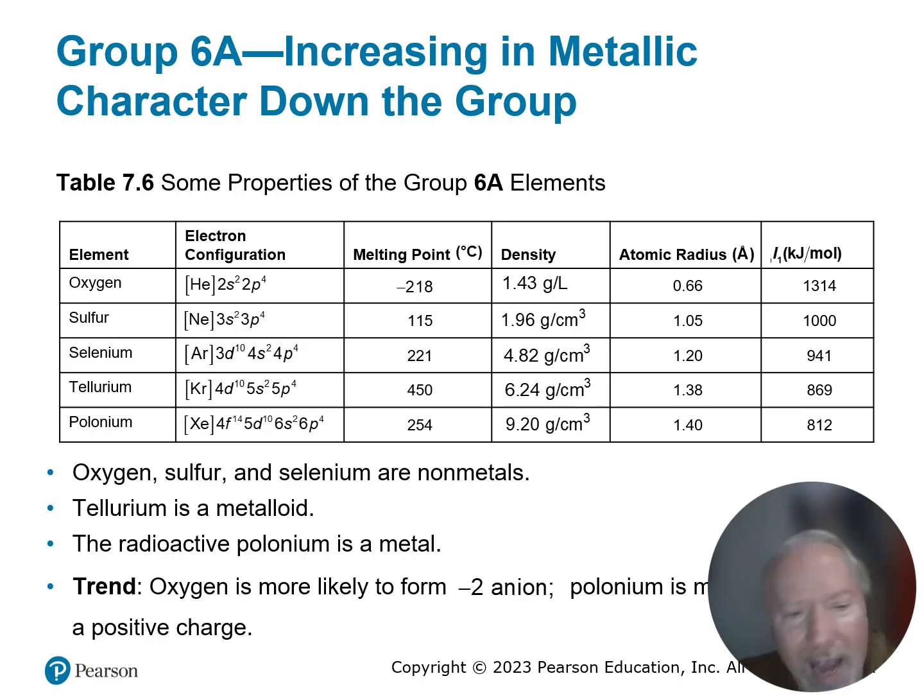And so polonium is actually radioactive. We don't really want to work with that too much. Tellurium is considered a metalloid like silicon, but it's much bigger. And oxygen tends to gain 2 electrons, as does sulfur. So it shifted from losing electrons in group 1 and 2 to where group 6 clearly wants to gain electrons.